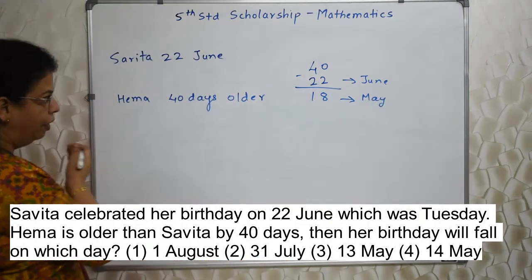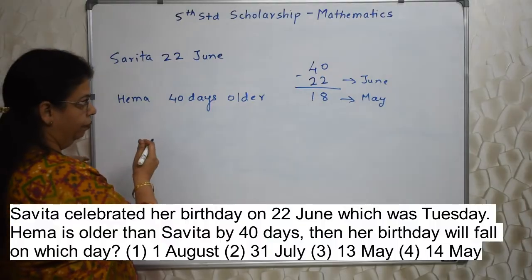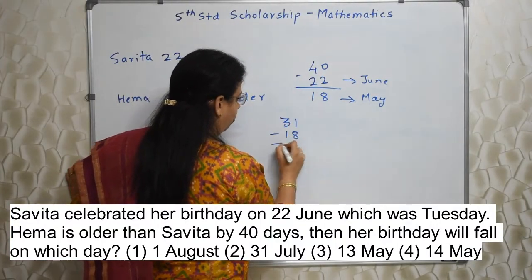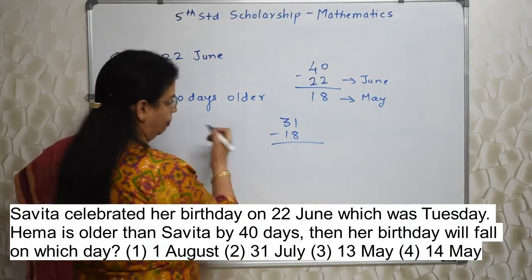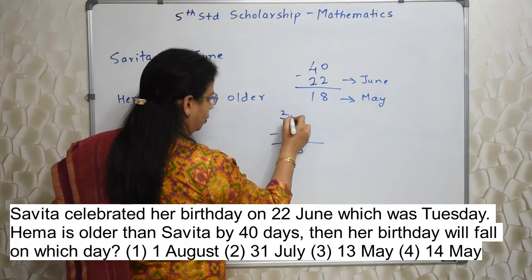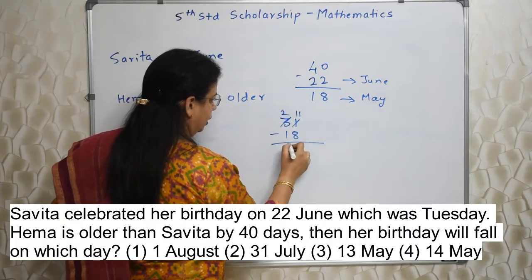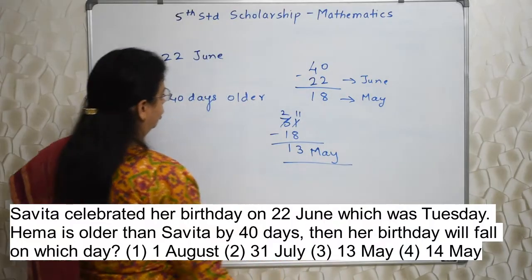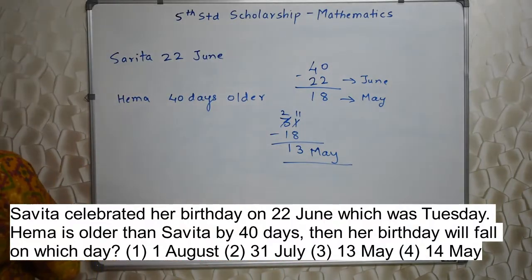We need to go back from 31st May 18 days. So basically from 31 we want to go back 18 days. Go back means minus. So answer is 13. So 13th May should be the birthday of Hema.